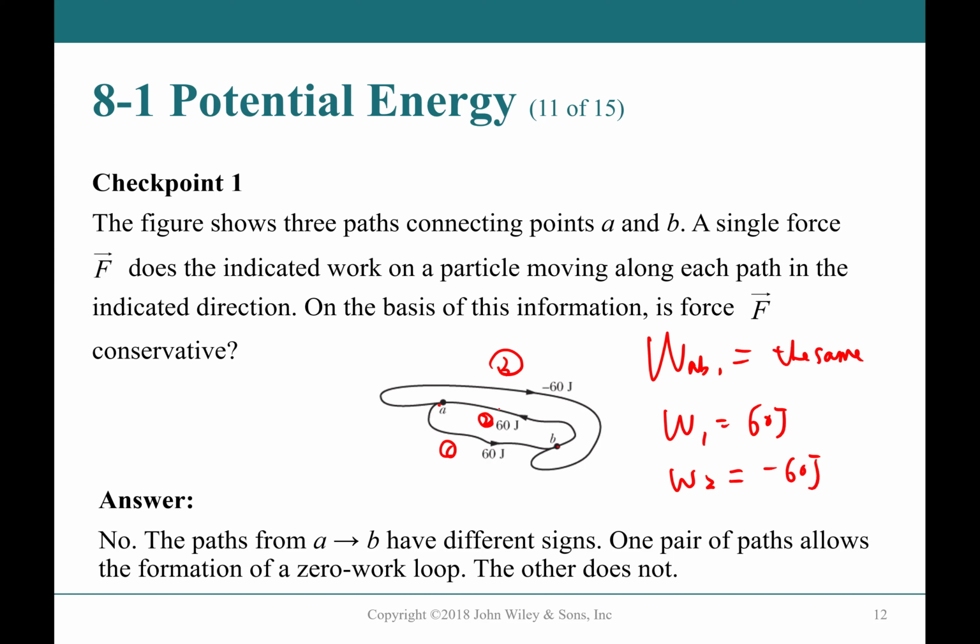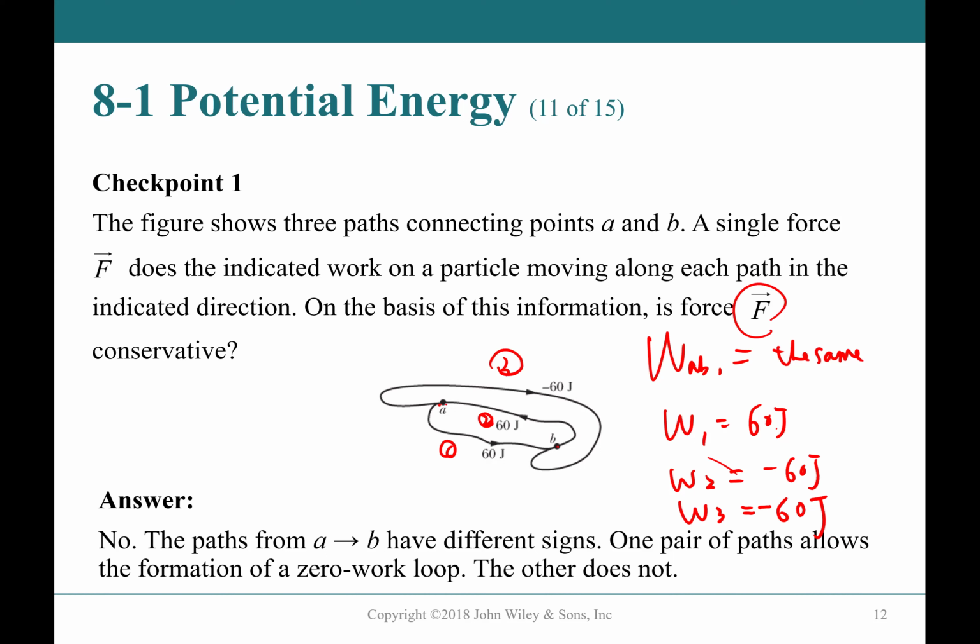And also from A to B in path 3 is 60 joules. So one is 60, the other one is negative 60. Oh, this is also negative 60. So 60, negative 60, and negative 60. So F is not conservative, okay? It gives you different values.